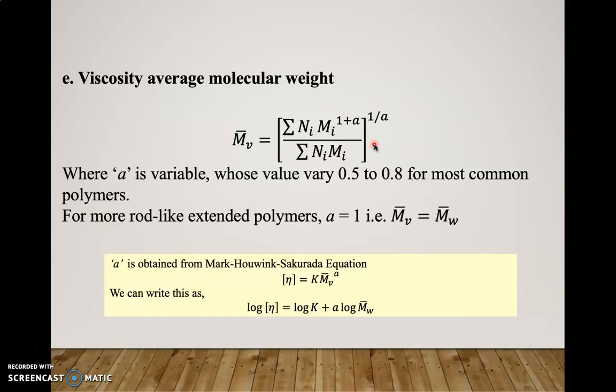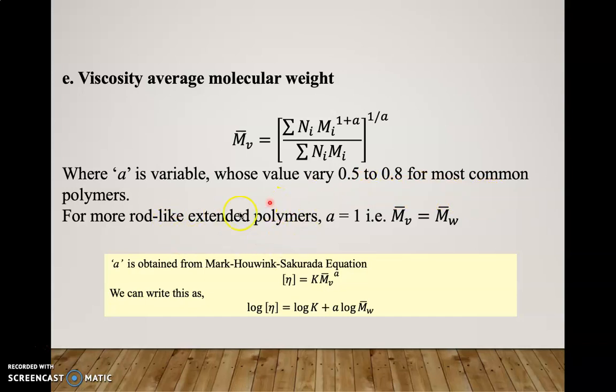Now one more type of average molecular weight that you need to know is the viscosity average molecular weight. It's written like this, and it has this particular formula where a is a kind of variable. It is different from the a that we used previously in the general formula. In this formula, it's just a variable whose value varies between 0.5 to 0.8 for most common polymers.